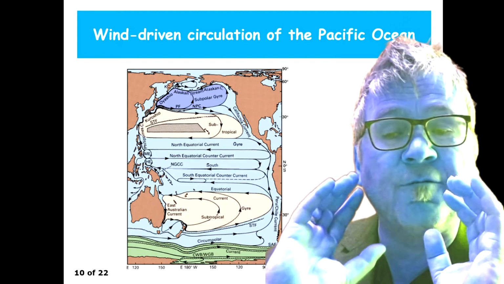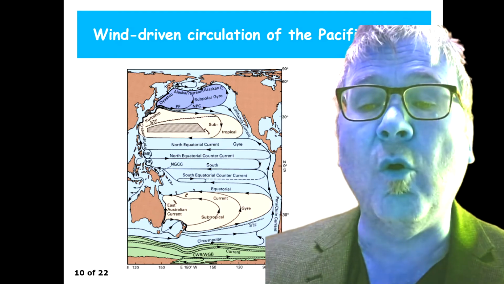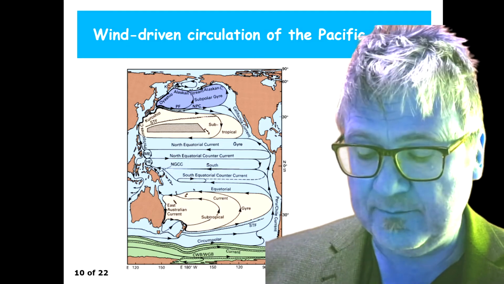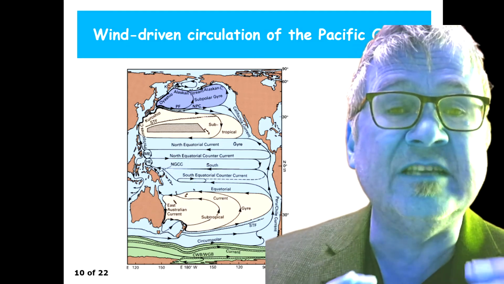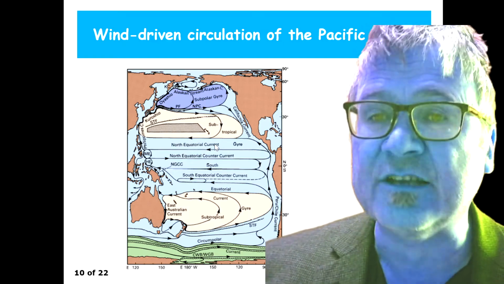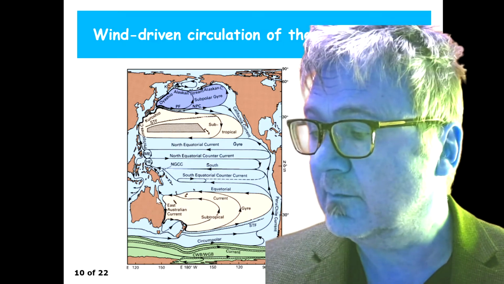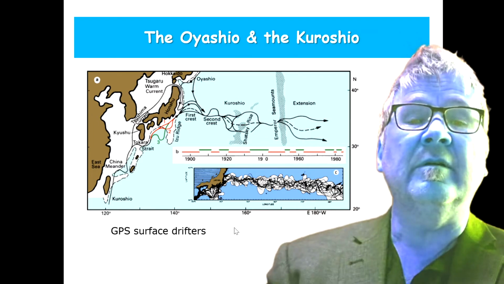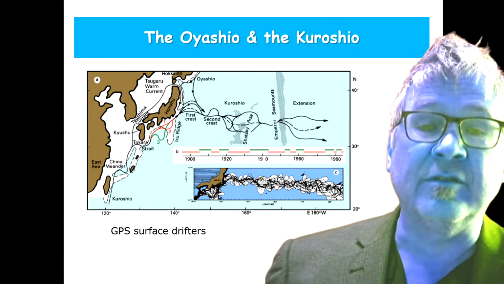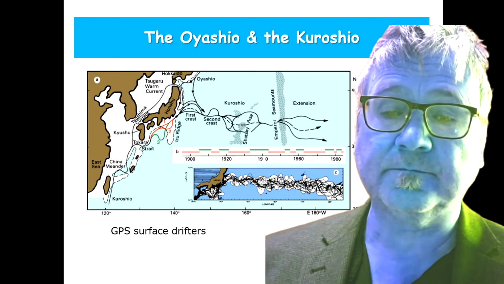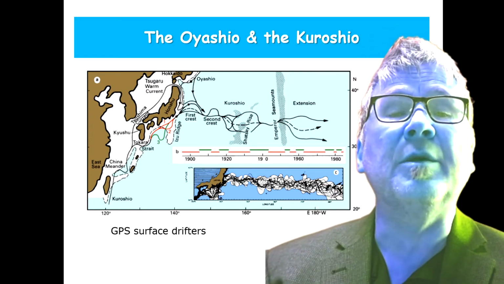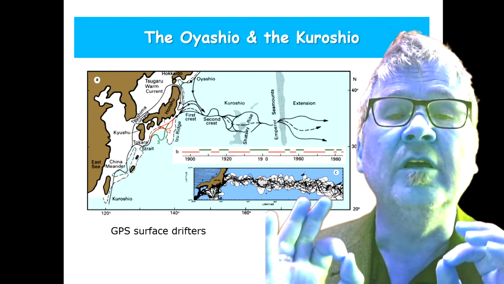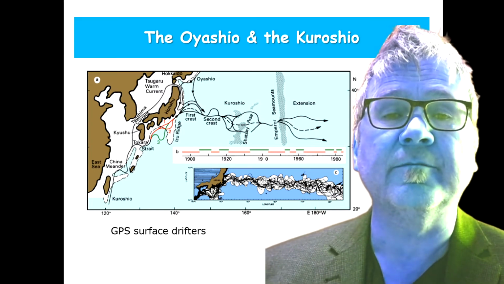But let's have a look first at the Kuroshio-Oyashio current. It's a very fascinating region because these two boundary currents actually meet. This is how this zone looks. What's shown here is the pathway of surface drift.